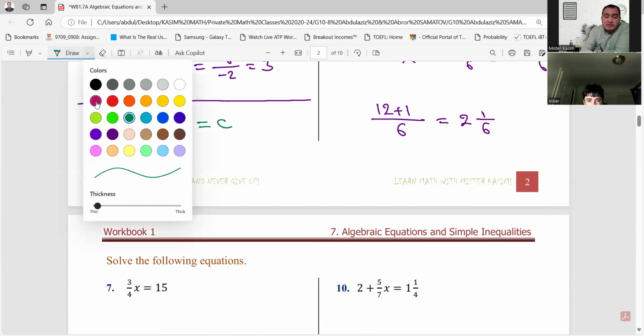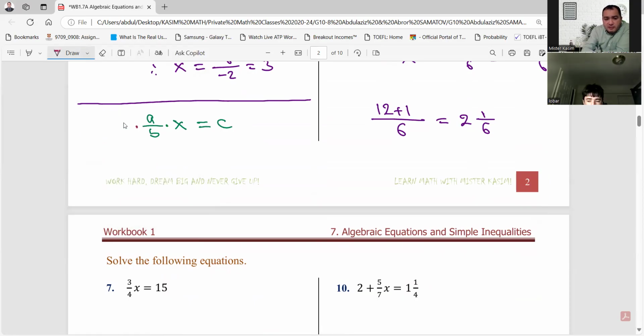We should multiply by its reciprocal, B over A. A over B times B over A is equal to 1, and 1 times X equals X. That's why A over B times X equals C is the same as X equals C times B over A. If you move this fraction to the right-hand side, if it is multiplied, you should just flip the fraction. A over B becomes B over A, right? You remember? Okay, good.